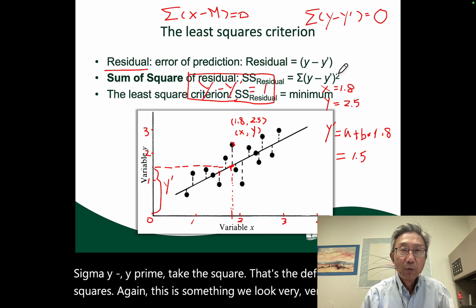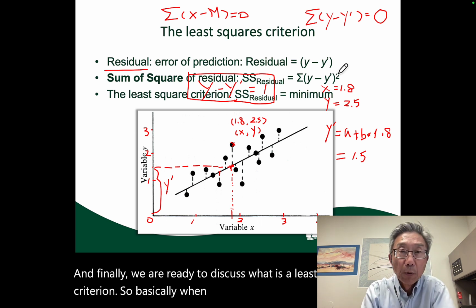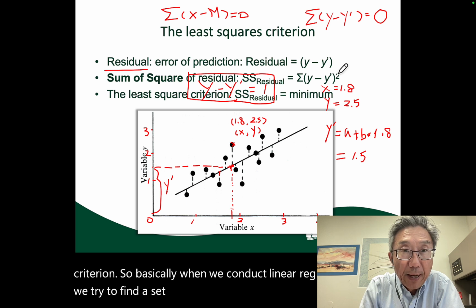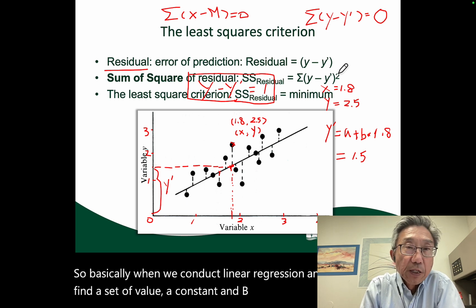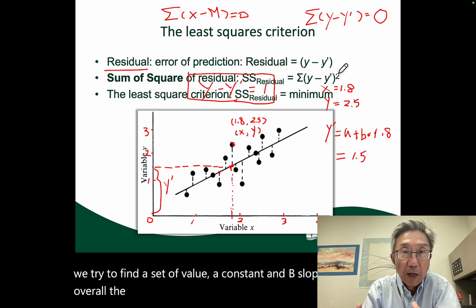Finally, we are ready to discuss the least squares criterion. When we conduct linear regression analysis, we try to find a set of values, A the constant and B the slope, such that the combined error of regression is the lowest.